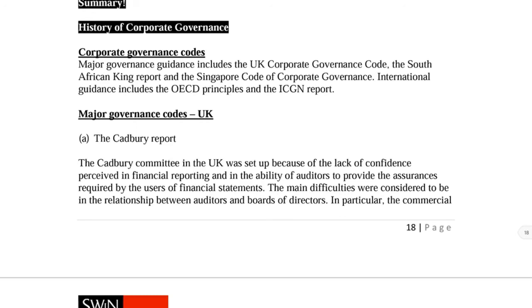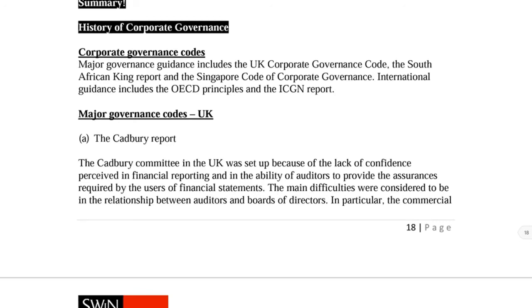Also, in the summary I highlight why corporate governance has become important recently. Previously, in the 1970s and 1980s, a lot of accountants and people out there couldn't see why we needed to put effort into corporate governance. For them, it was just wasting time and money. So in the history part, I highlighted why, in the recent century, corporate governance has become a common topic of discussion for all professional bodies. It's not only for the accounting industry.